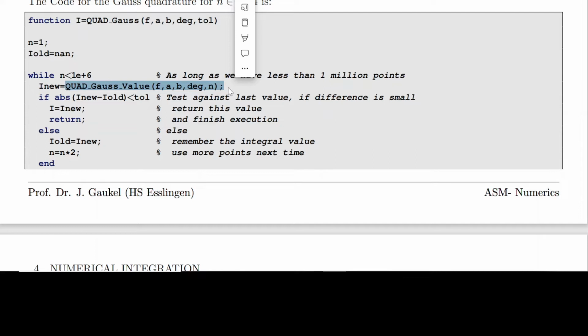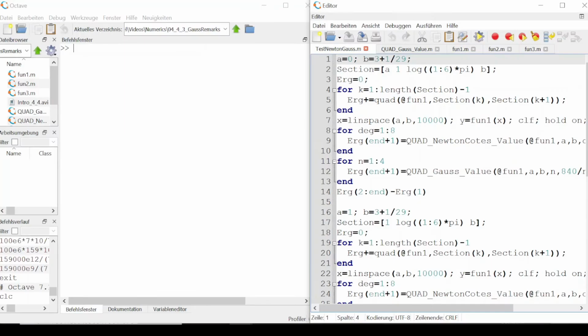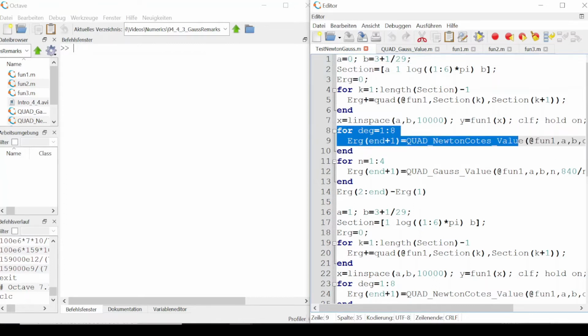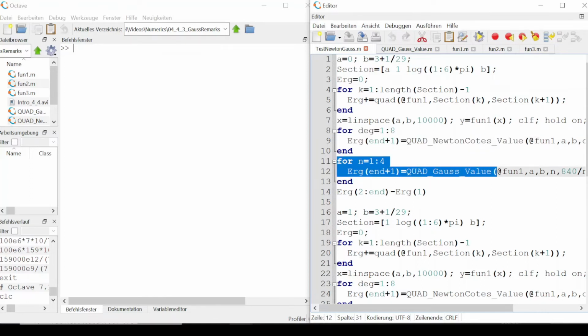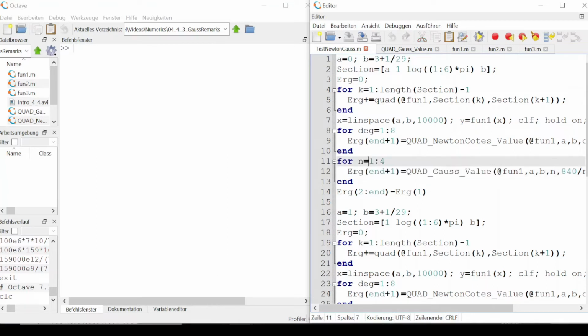And now we want to test how the Gauss integration competes with the other algorithms, okay? For doing so, we use the code which we also used for testing the Newton-Cotes formulas. And now we again call the Newton-Cotes value, but on top we also call Gauss quadrature, and with the different degrees, the different n's, we apply the Gauss formulas.